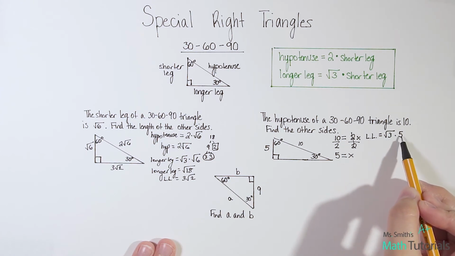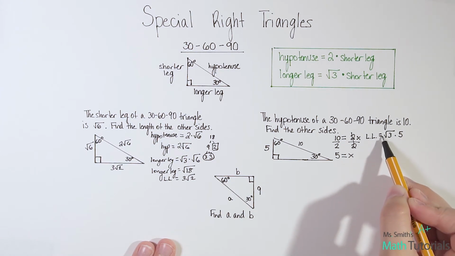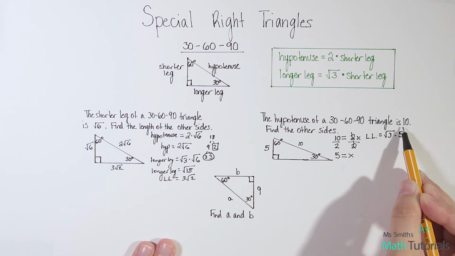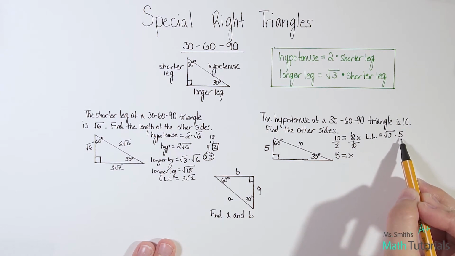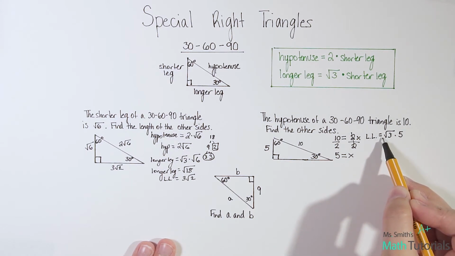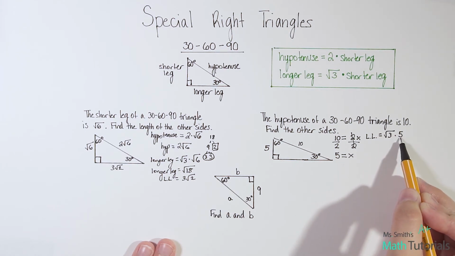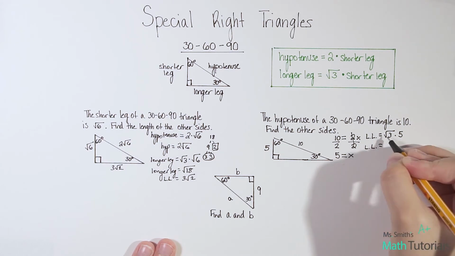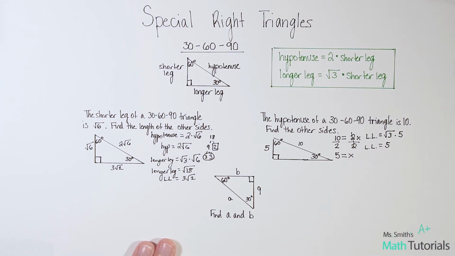So square root of 3 times 5, we always multiply the outside coefficient, the outside number or letter, with the other outside number or letter. So in this case, it's an understood 1 out here. So 1 times 5, we know is 5. So longer leg equals 1 times 5 is 5.